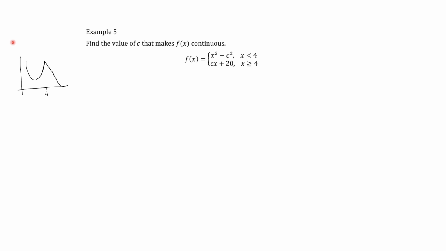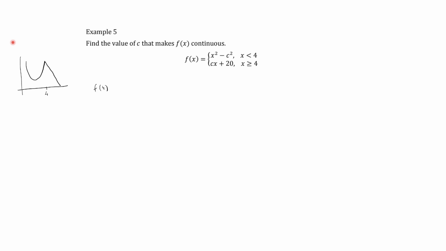We want to figure out what the value of c is, and we know that the critical point, the point that we want to look at, is at 4, because that's where the function changes. So let's let x be equal to 4 and plug in 4.